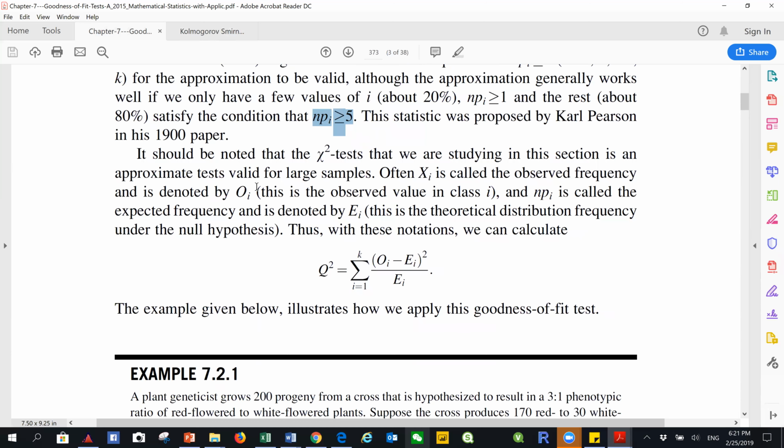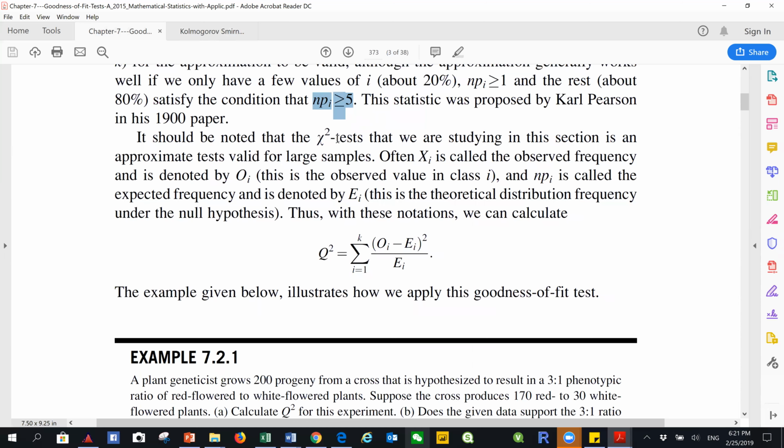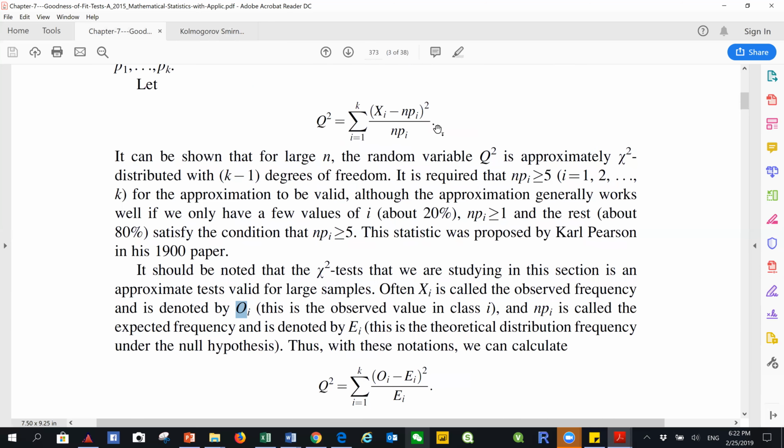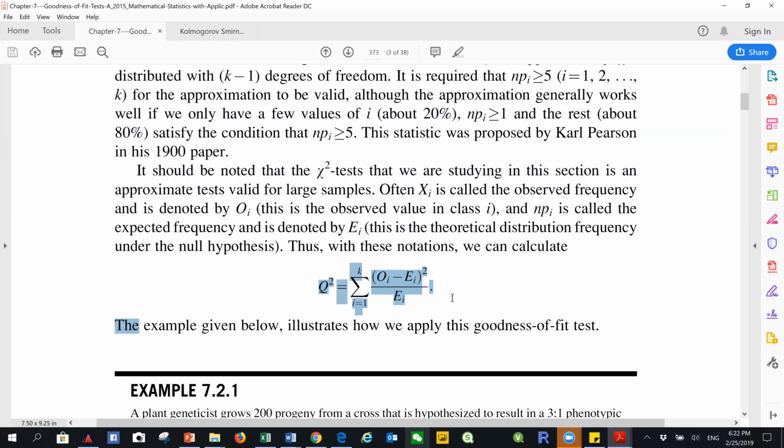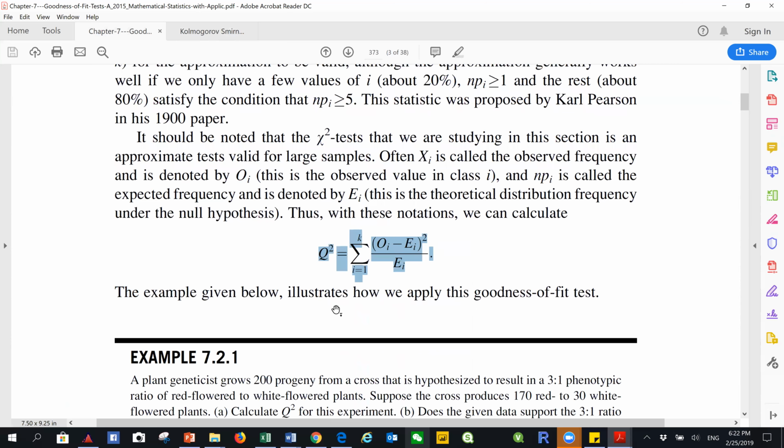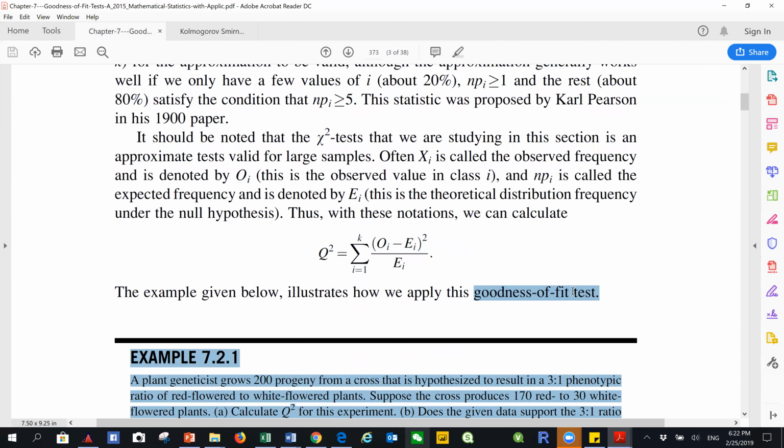We should know that the chi-square test we are studying in this section is an approximate test, valid for large samples. The xi is called the observed frequency, denoted by Oi, where O stands for observed, and n pi is called the expected frequency, denoted by E. So this formula is equivalent to this, to be more general and identifiable. And this is called the goodness of fit test.